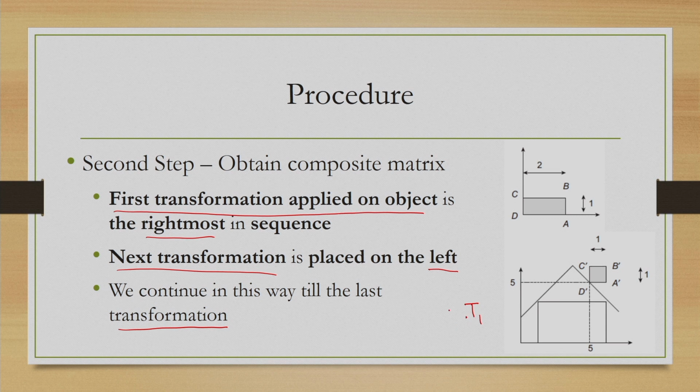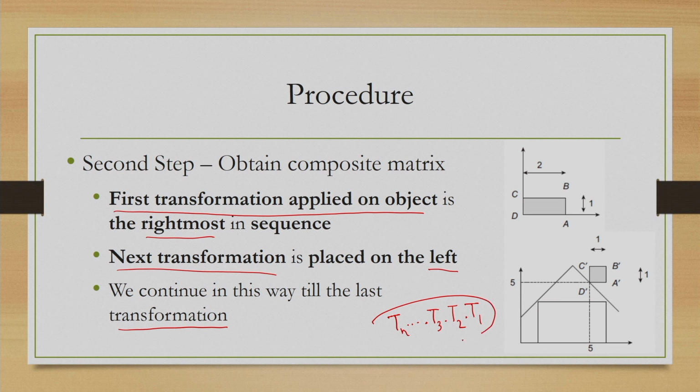Now, suppose we require another transformation, T2. Then T2 will come on the left side of T1. If there is one more transformation to be applied, say T3, then it comes left of T2, and so on till we reach the final transformation, say Tn.